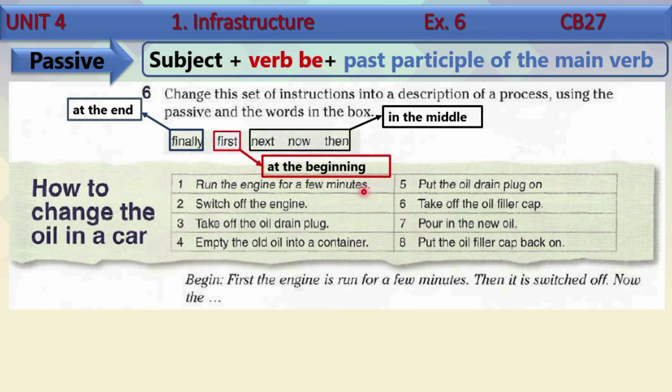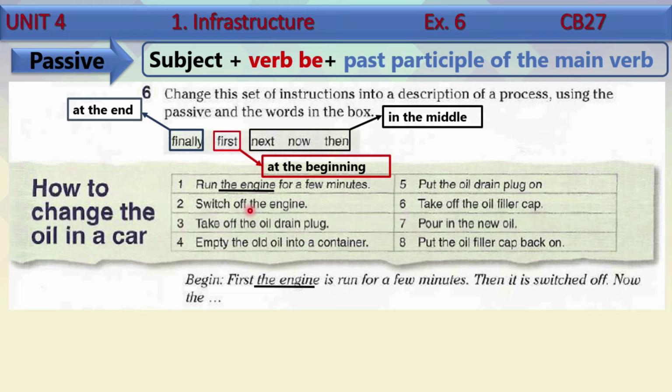Now, to change this to the passive, we need a subject. And the subject is the object of the instruction. And it is the engine. Very good. So we write the engine.